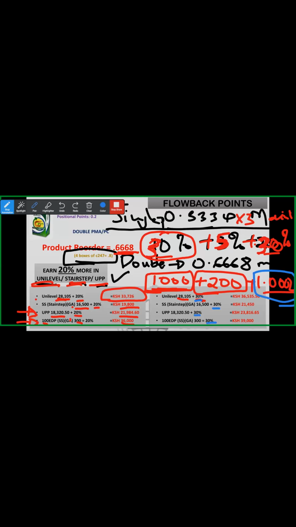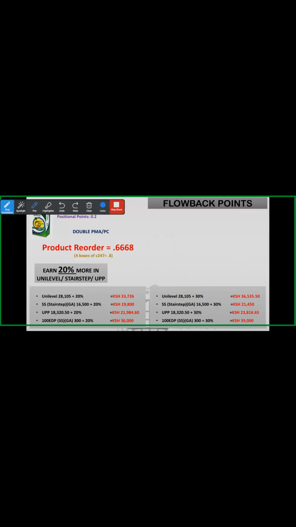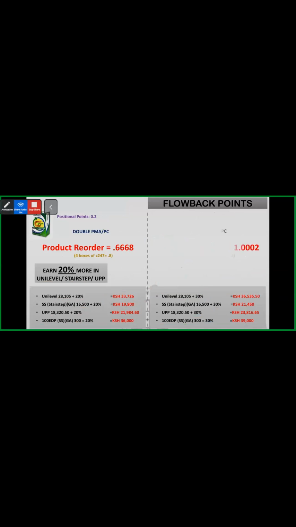I hope mpaka hapo kila mtu ako sawa, because I am winding up on the technical bit of the training. Kumbe kila kitu iko hapa. Triple PMA 1.0002. Those are 6 boxes of C24/7. So you'll get an additional 30% on unilevel, stair step, and UPP.